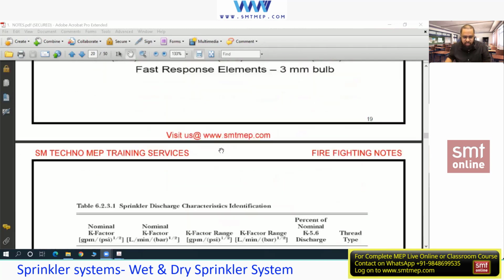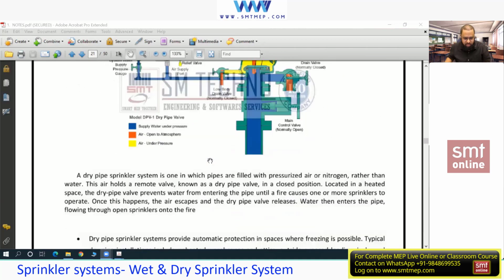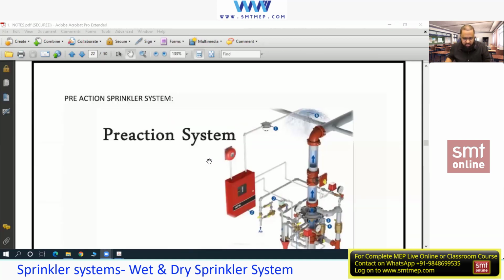For example, in case there is a chance the sprinkler can be damaged accidentally. Any example where the sprinkler can be damaged accidentally? Like a workshop. In a workshop, I'm not talking about a warehouse or extra hazard, a normal workshop.